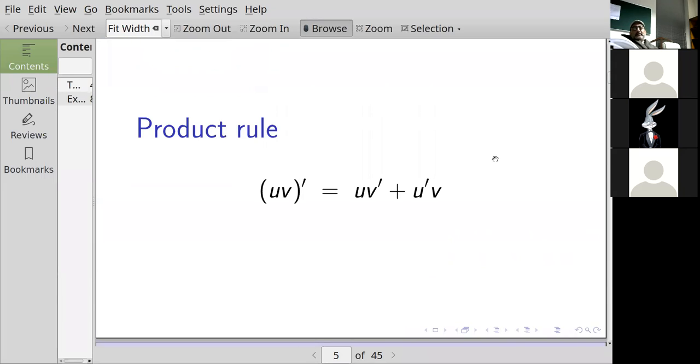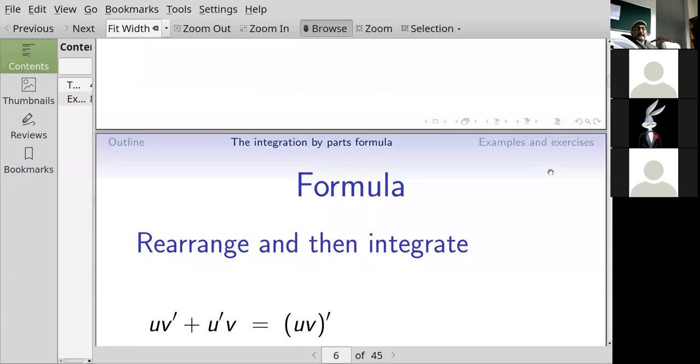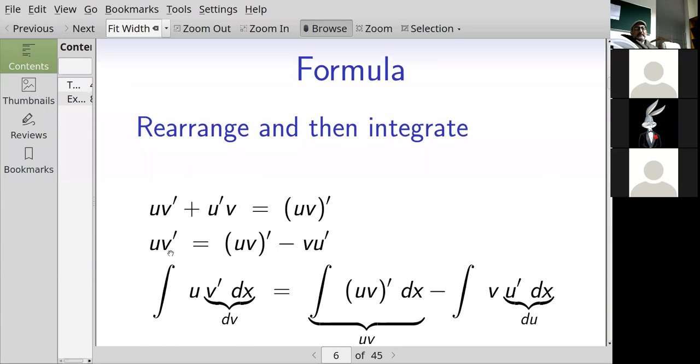So we start with the product rule. We say the derivative of the product uv is u times the derivative of v plus the derivative of u times v. Now, if I want to isolate u times the derivative of v, then I get that u times the derivative of v is the derivative of uv minus v times the derivative of u.